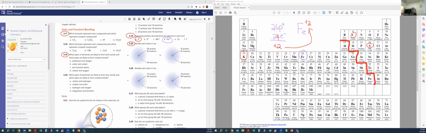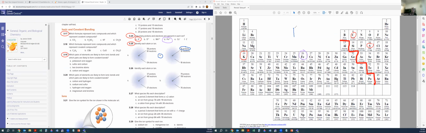And I'm going to do B. 15 protons. Okay. If it's got 15 protons, that is going to be phosphorus.